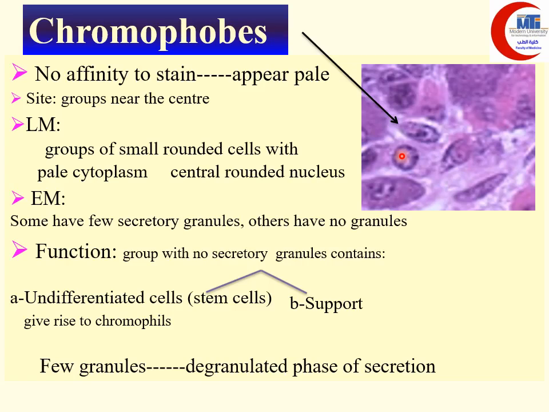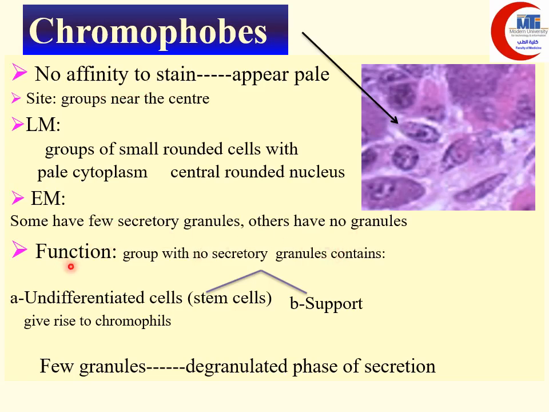These cells lie near the center of the pars distalis. By electron microscope, these cells have few secretory granules or no granules.